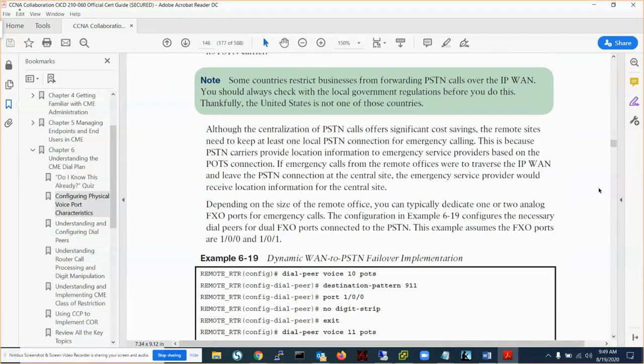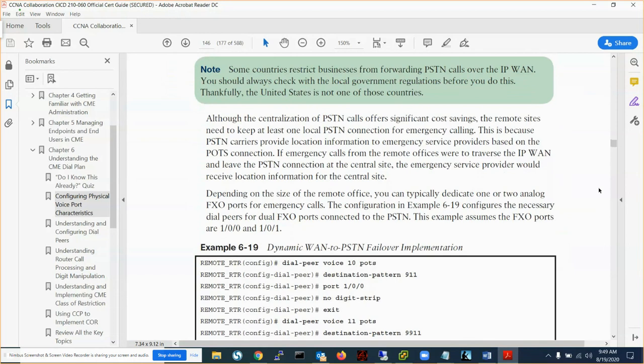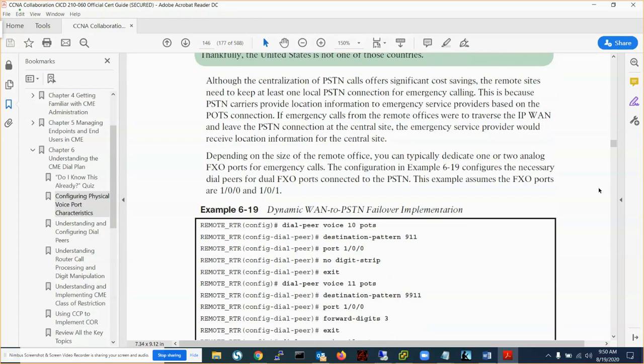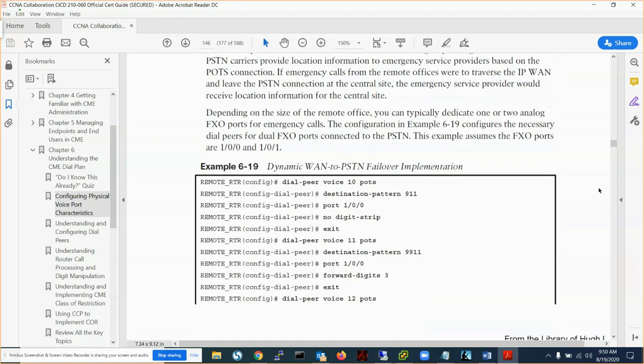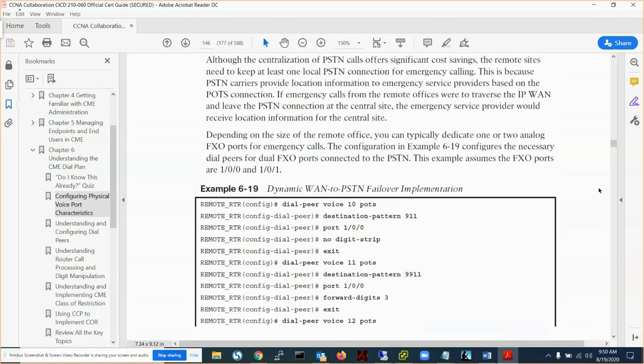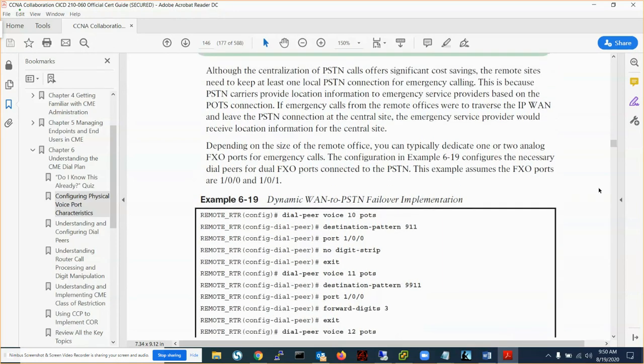Always check the centralized PSTN also. So you might have a remote site and they will call through.